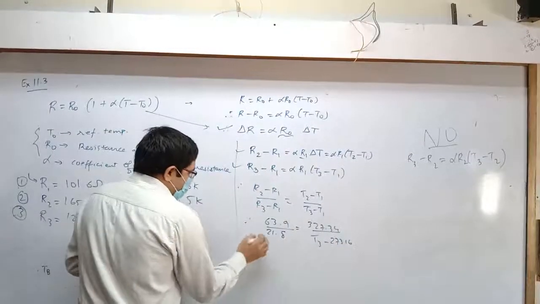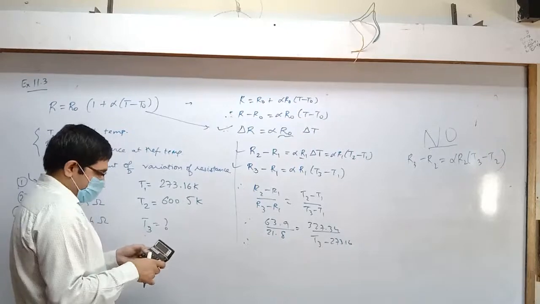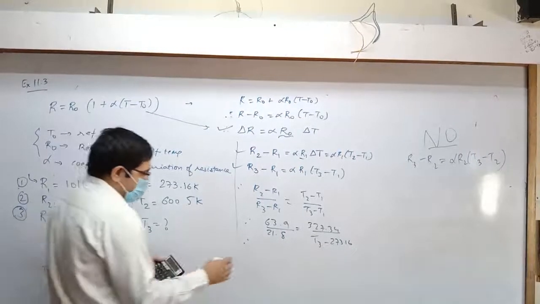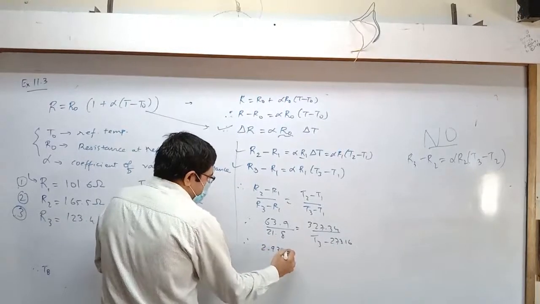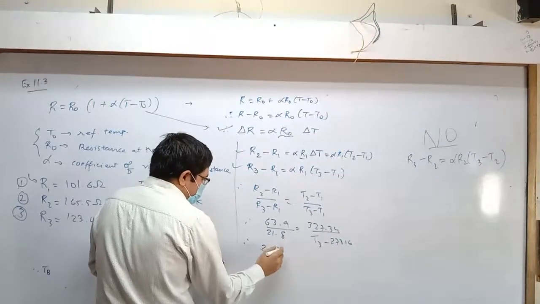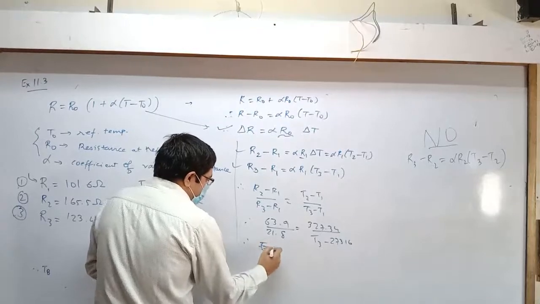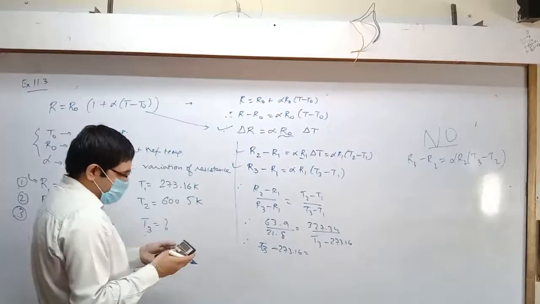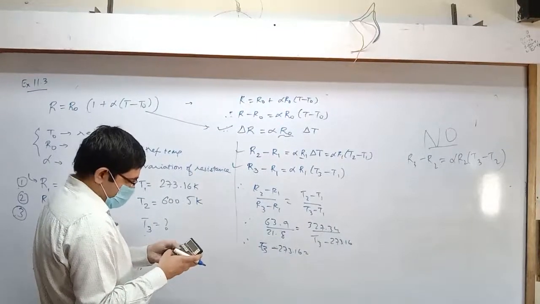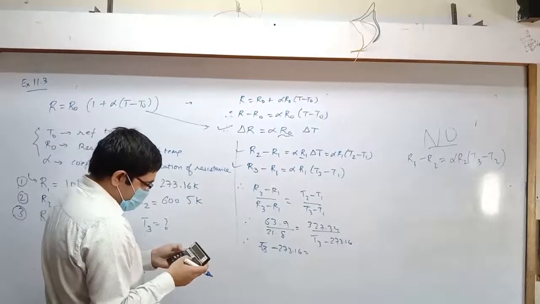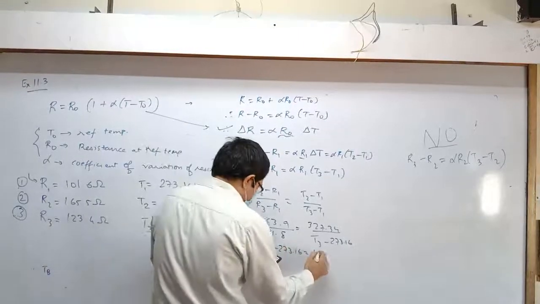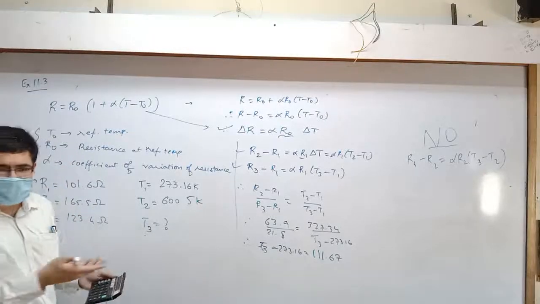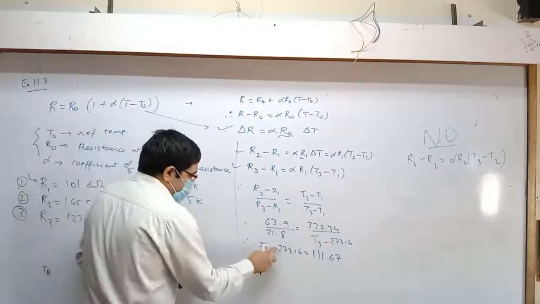So now divide this here, 63.9 divided by 21.8, so you get 2.93. So ultimately T3 minus 273.16 equals 111.67.